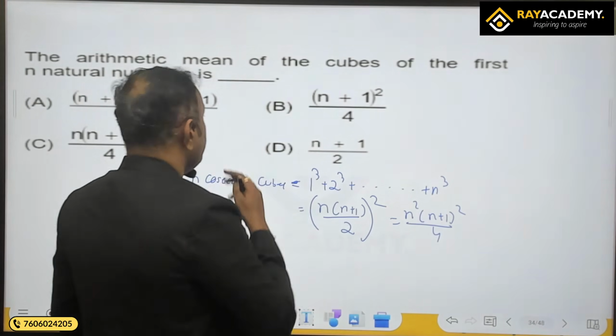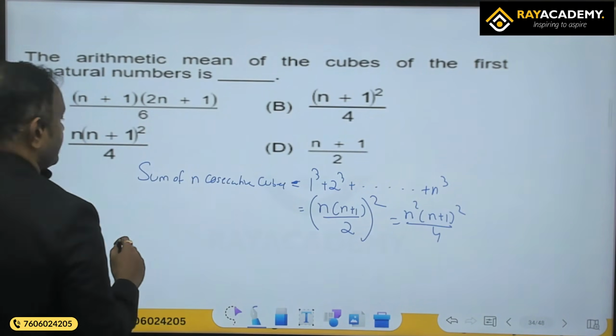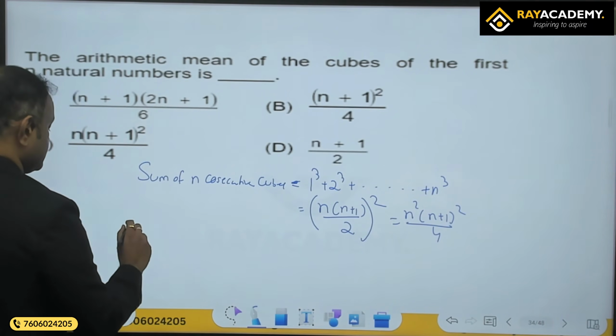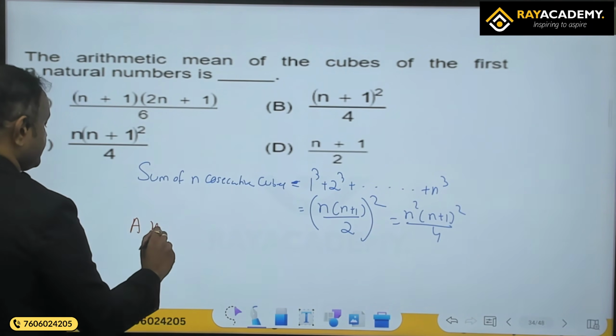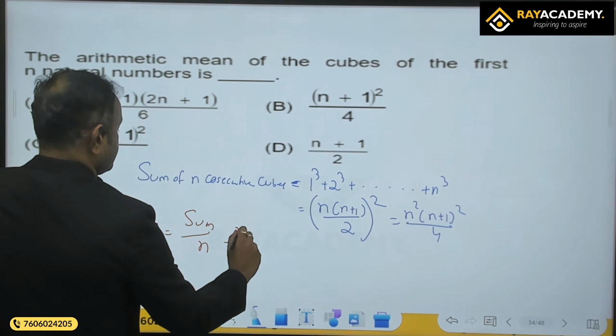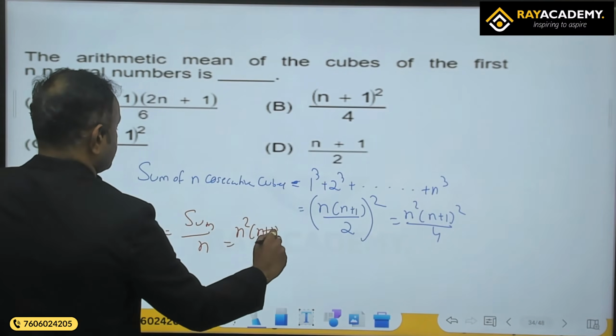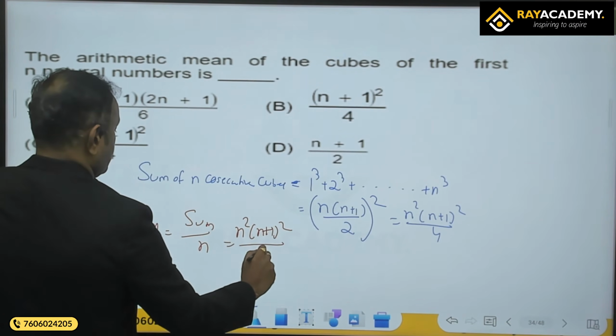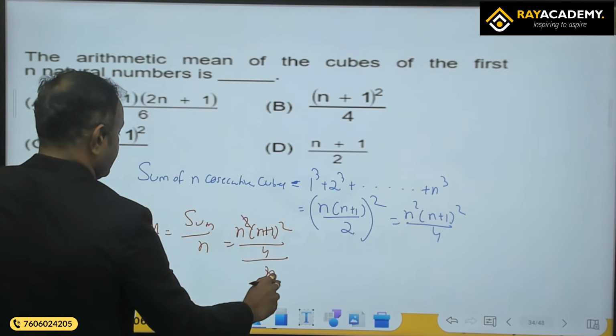But we need to find the mean. Arithmetic mean is sum by n. So it is n square into n plus 1 square by 4 divided by n. So n gets cancelled.